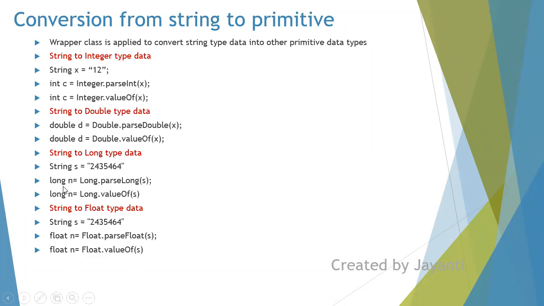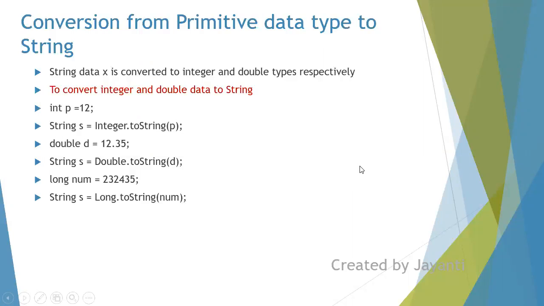This lowercase long is my primitive data type, and this capital Long is my wrapper class. parseLong. Float, Float.parseFloat, Float.valueOf. So if they ask you integer, write parseInt; if they ask you double, write parseDouble; parseLong, parseFloat. So this is conversion from string to primitive data type.